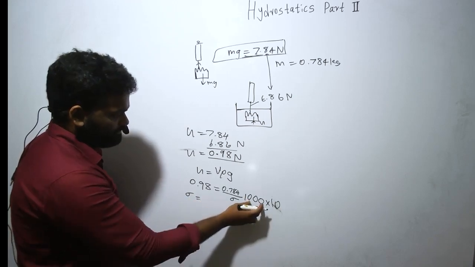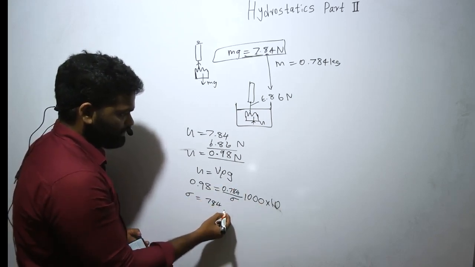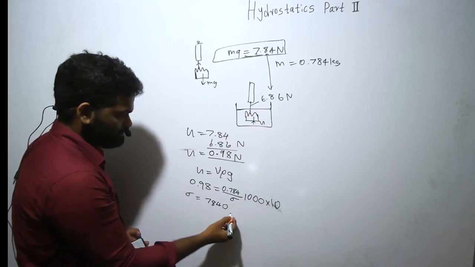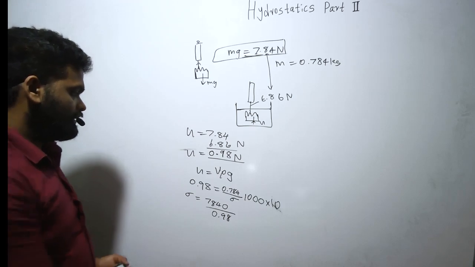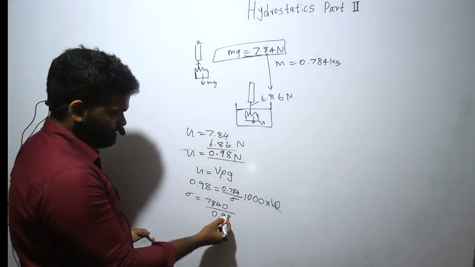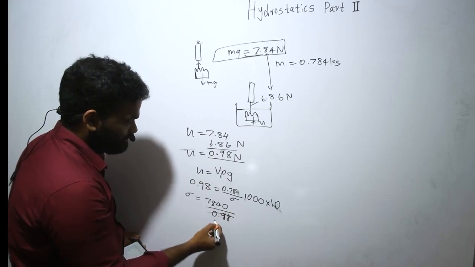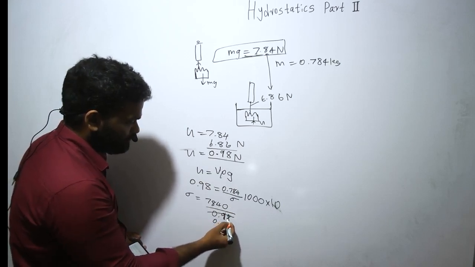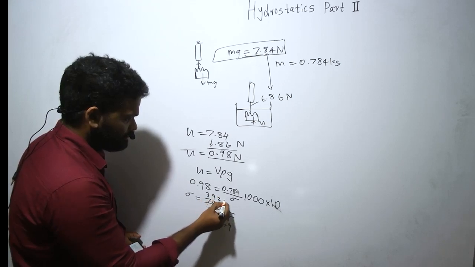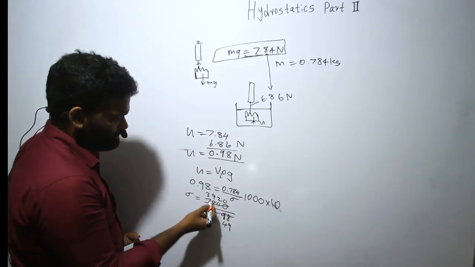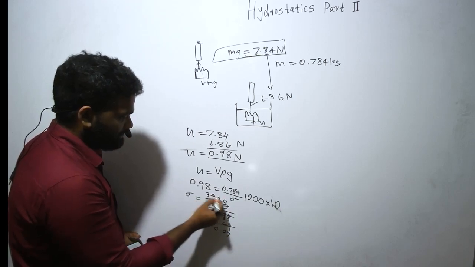So sigma equals, if you want, you can multiply this. So it becomes 784 times 1000 over 0.98, right? Let's divide this by 2, 4, 9, 3, 9, 2, 0. I think you can divide this by 7, right? Divide this by 7.